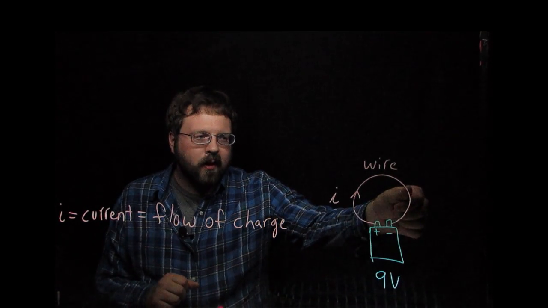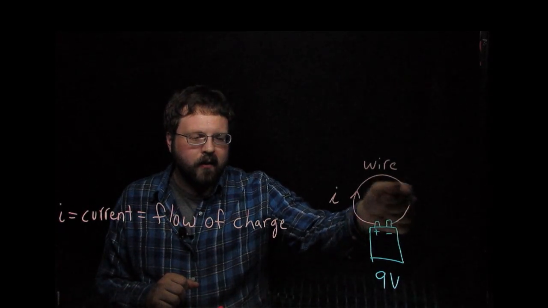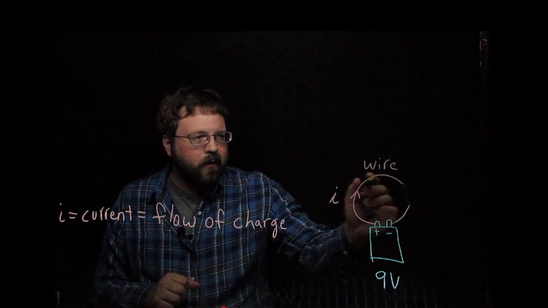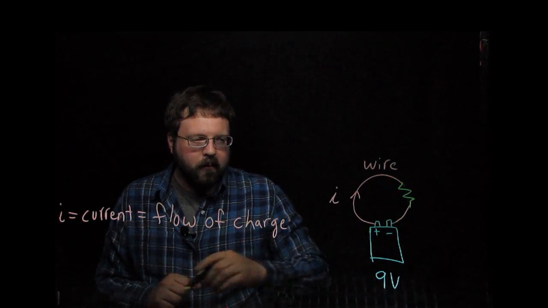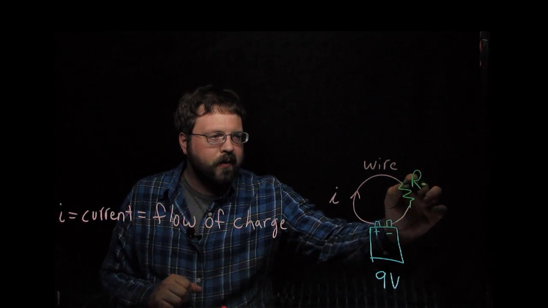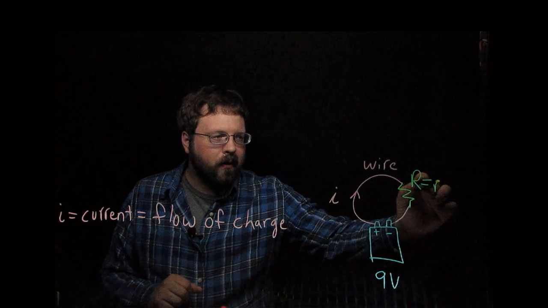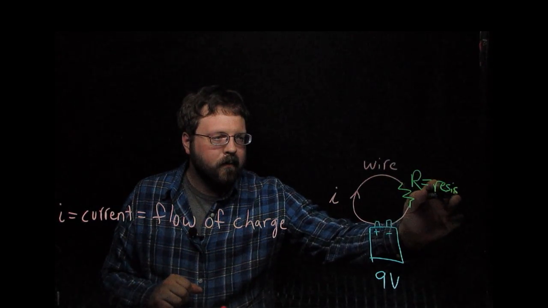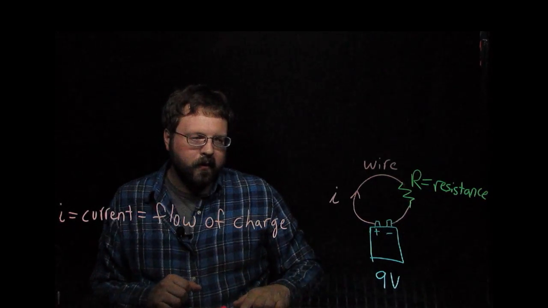A lot of times we represent the resistance with a squiggly symbol. So if I were to break that wire like that and put a squiggle in there, that would be representing the resistance, which we write with uppercase R for the resistance.